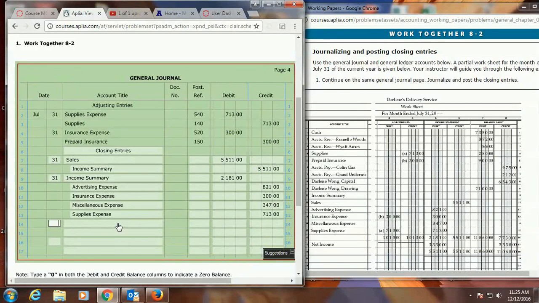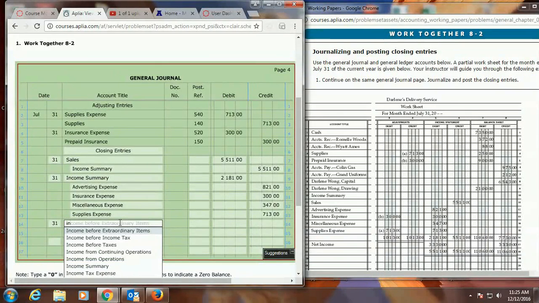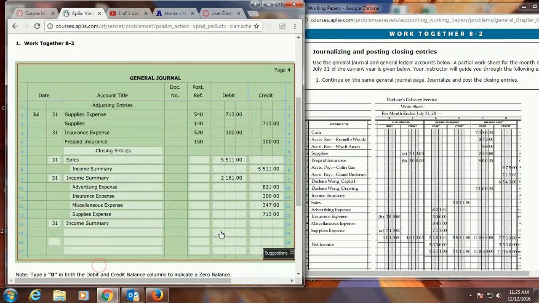So on the 31st, I'm going to take income summary, and I'm going to do a debit of income summary of $3,330.